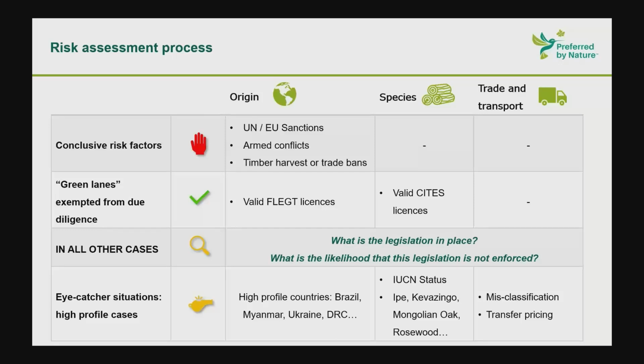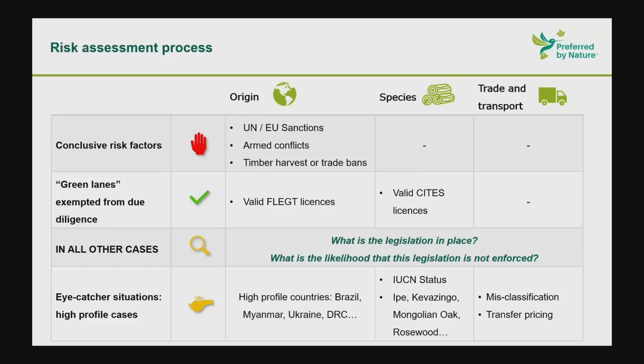So any timber which is under UN or EU sanctions. So it means if this country has UN or EU sanctions related to timber, then it should not be imported. Any armed conflict in the country of origin for which the timber trade is likely to fuel the conflict is also completely prohibited.